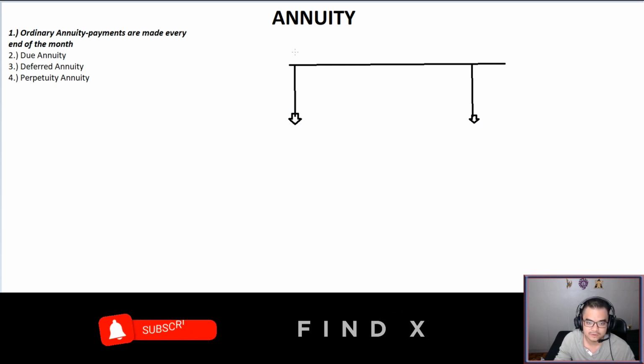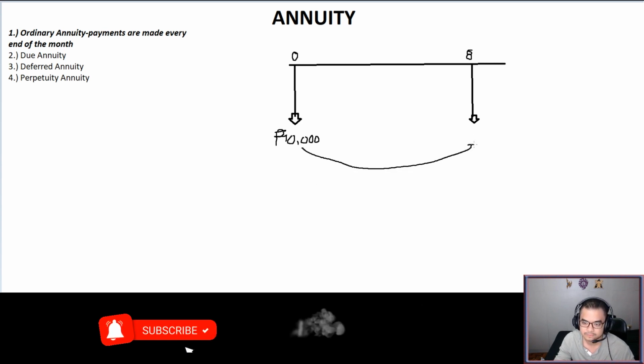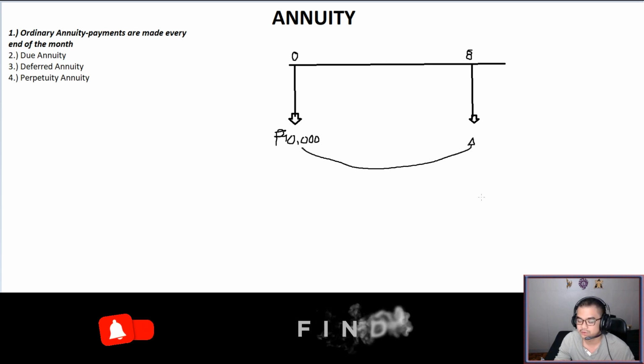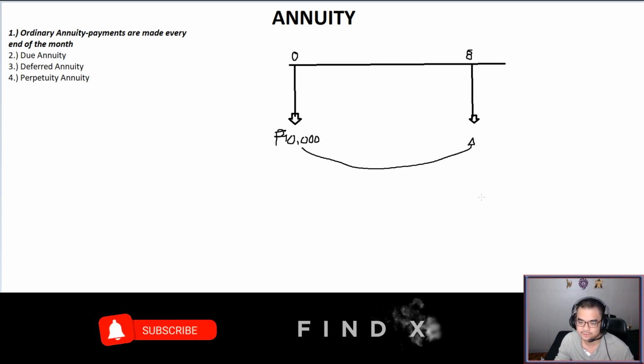Let's say this is our year 0 and this is our year 8. If I have a lump sum of 10,000 and want to reflect it to the 8 years, all we have to do is 10,000 times (1 plus i) raised to n. Now, annuity is a little bit different.